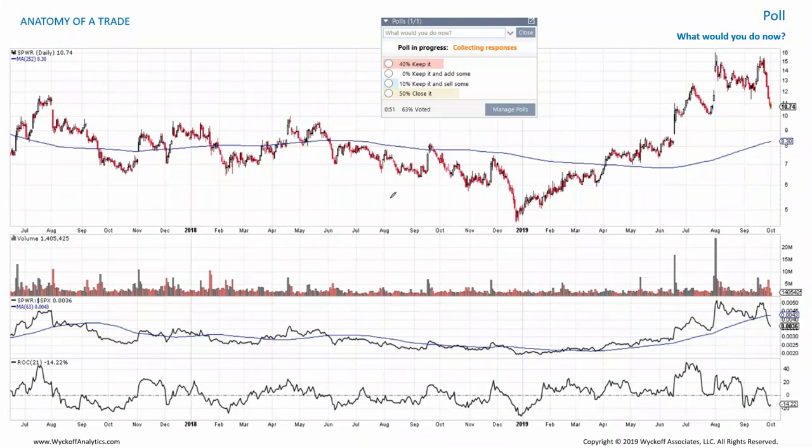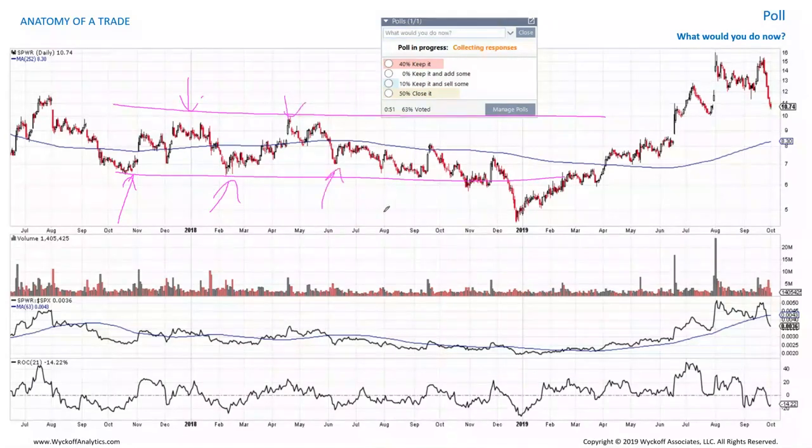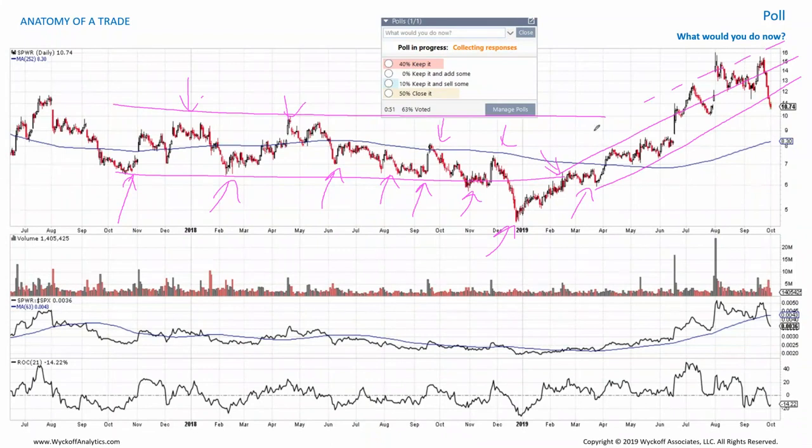But the mean reversion trade will always be on. Here's your mean reversion trade that happens in the trading range. And then this is your mean reversion trade that happens in the uptrend.